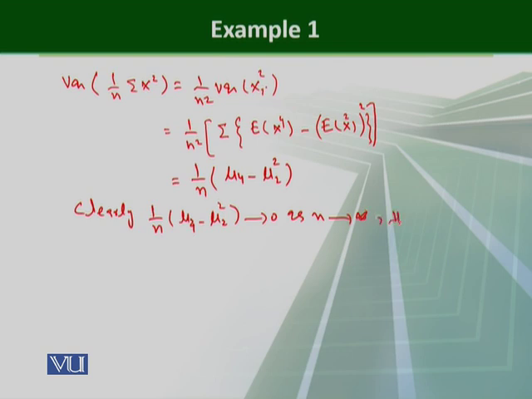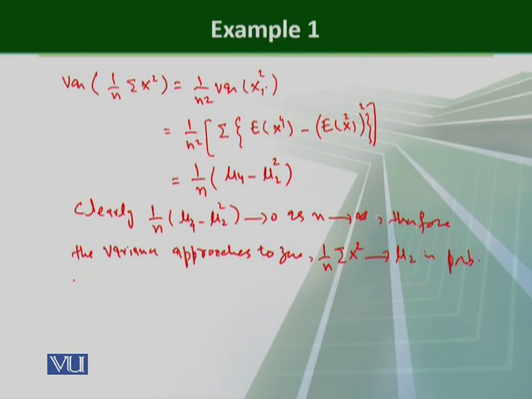So therefore, the variance approaches to 0 and 1 over n sum x square approaches to mu 2 in probability. Thus, we can say that x bar n tends to mu in terms of probability, and obviously x bar n square tends to mu square in terms of probability.